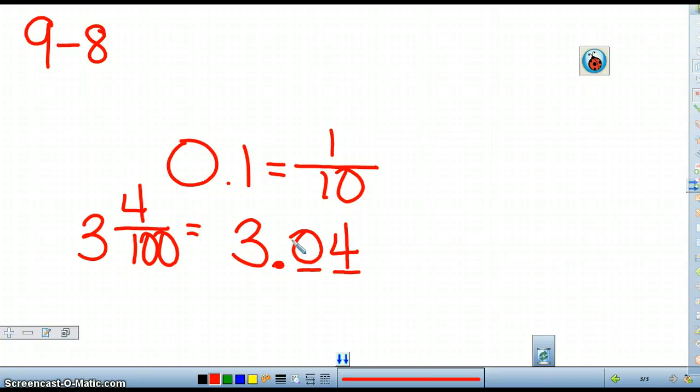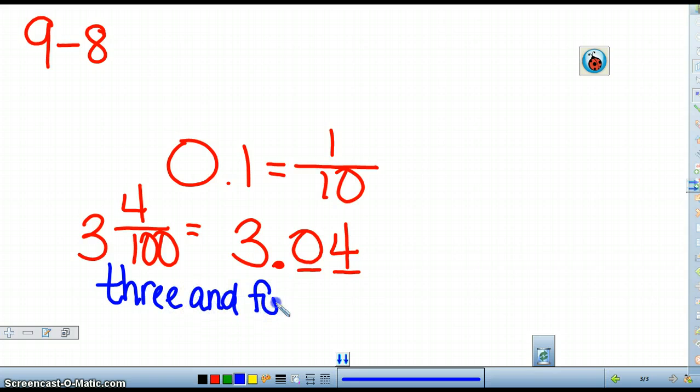If they ask for it in word form, I'm going to literally write it out in words. 3 and 4 hundredths.